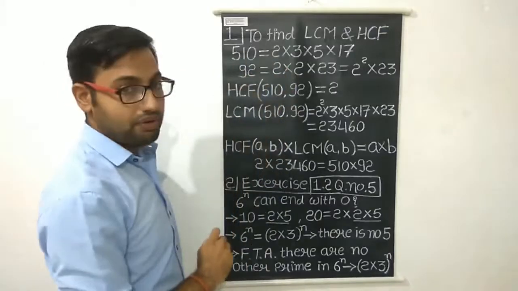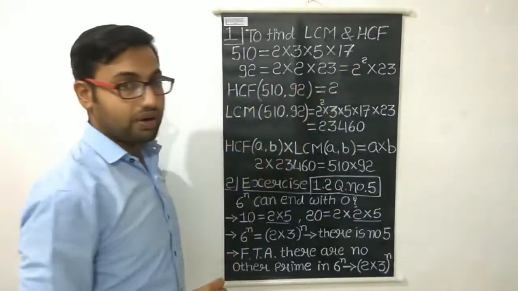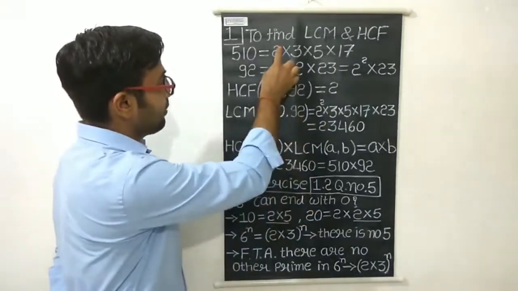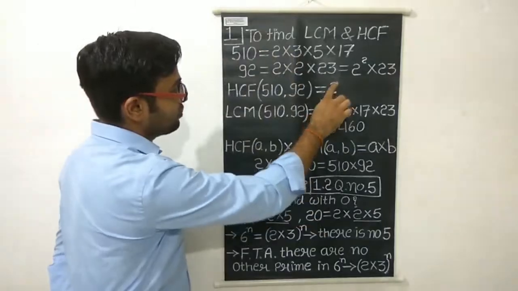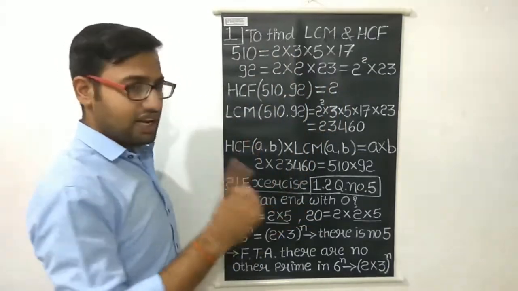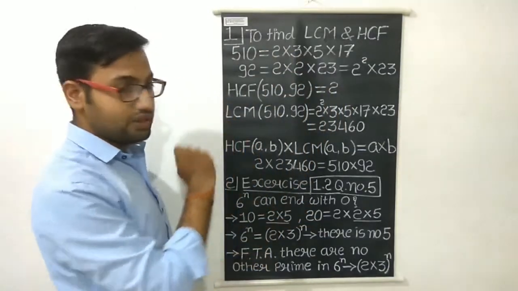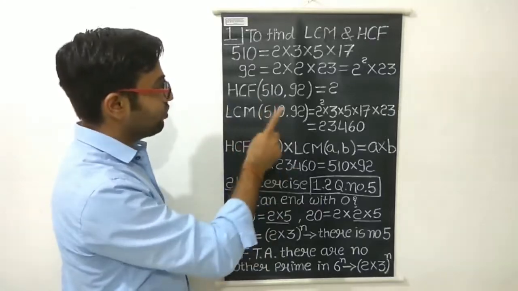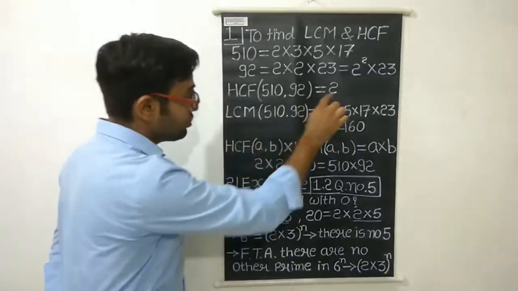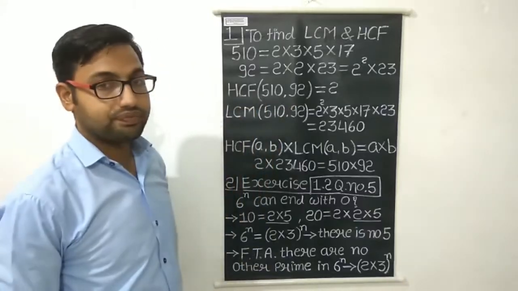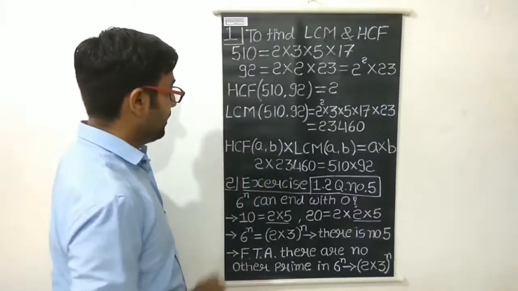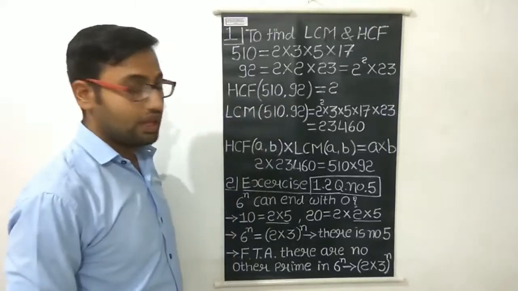Here 2 has power 1 and here 2 has power 2, so we select power 1. Is there any other number which is common between these two? No. No other factor is common between these two numbers. So this 2 will become the highest common factor of both numbers.